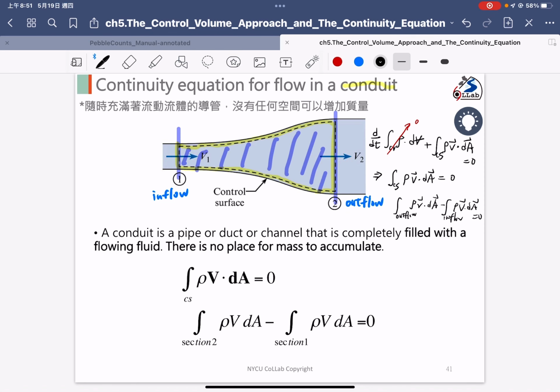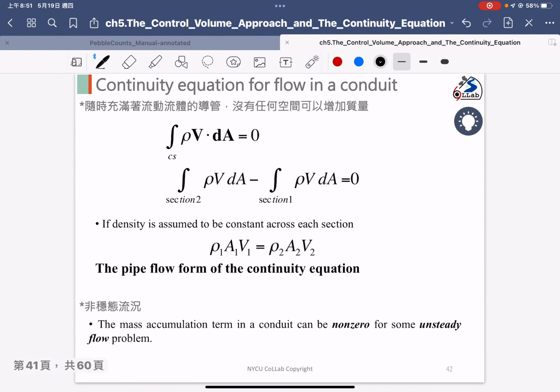Okay, and then we can also assume the velocity is uniform flow, and the flow velocity vector is always parallel to the normal vector of the cross-section area.